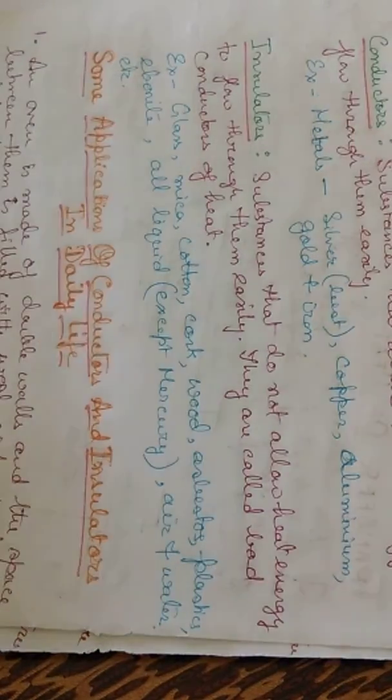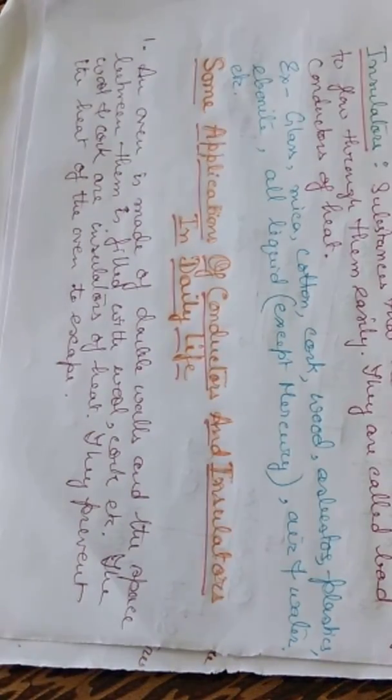Now some applications of conductors and insulators in daily life. First, an oven is made up of double walls and the space between them is filled with wool, cork, etc. This wool and cork are insulators of heat, and they do not allow the heat to escape from the oven.